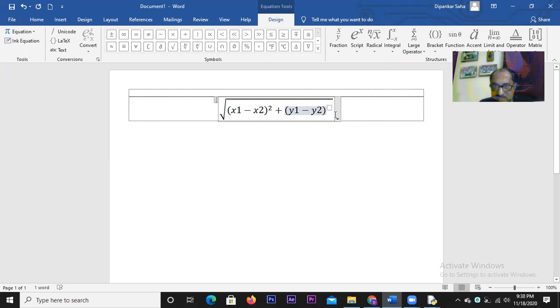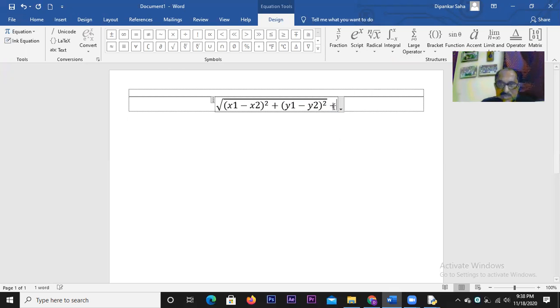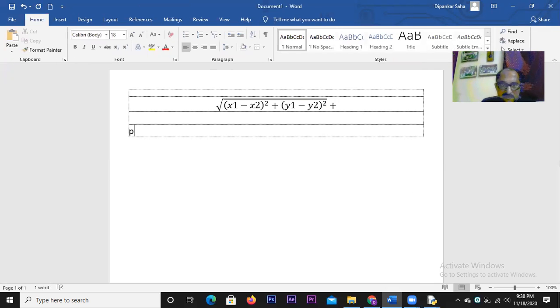Similarly, I'm not writing the whole thing. One more factor would be plus z1 minus z2 square. That is how it goes. So basically what I was trying to tell you here is, those of you who are not in science stream, pay attention to this. You may find it a little difficult, may not also.